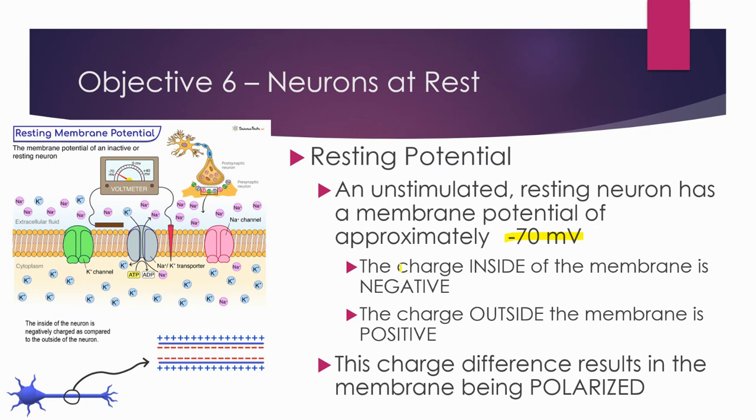And what that means is that the inside of the membrane is more negative, like you see here, and the outside of the membrane is more positive, like we see there. Okay, so that's just going to be our voltage difference, and that measures about negative 70 millivolts. So once again, the inside is negative and the outside is positive.